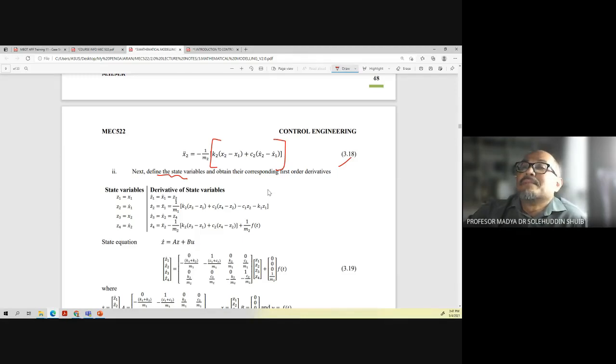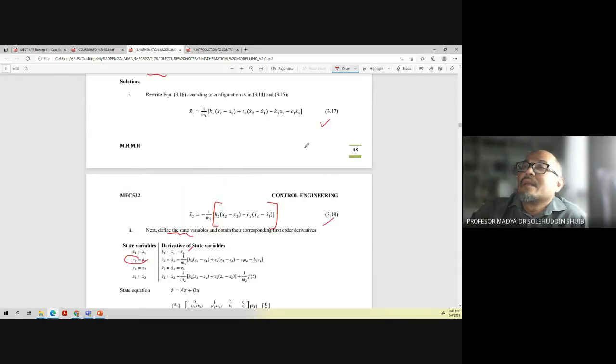So you have the derivative of it. So z1 is equal to x1, so z1 dot is equal to x dot 1, which is equal to z2. And then z2 dot is equal to x double dot 1, which is the one above.